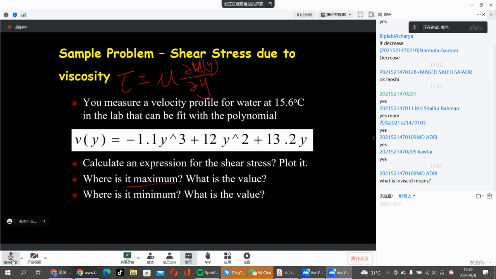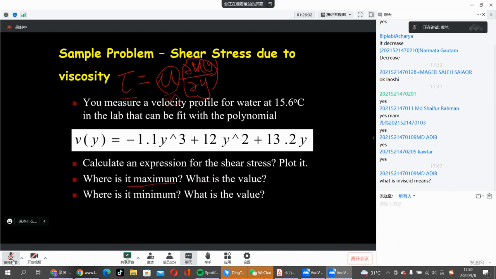And then you can find out tau. Where is its maximum? What is the value? Here viscosity is a constant. Generally, we regard viscosity as constant. Even though it depends on the temperature, generally speaking, at the same temperature, we just regard the viscosity as constant.